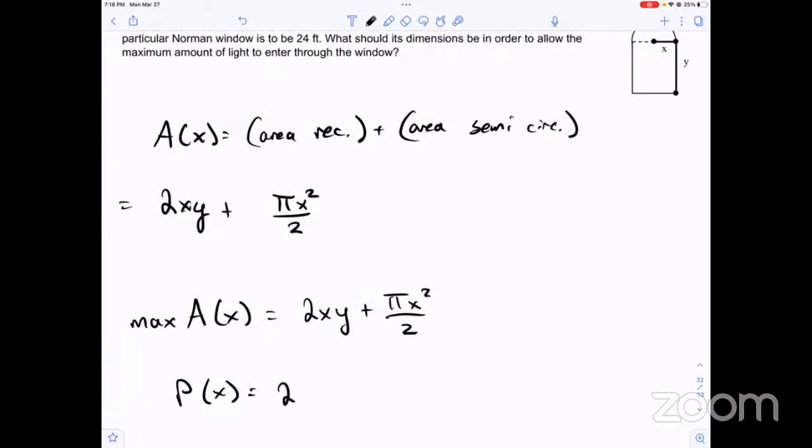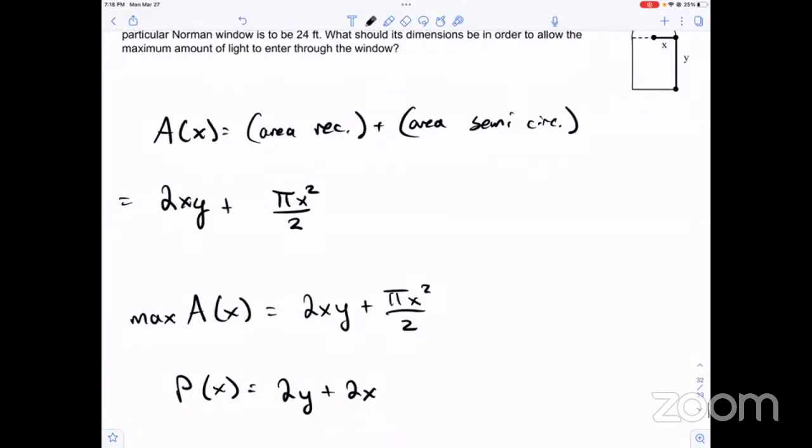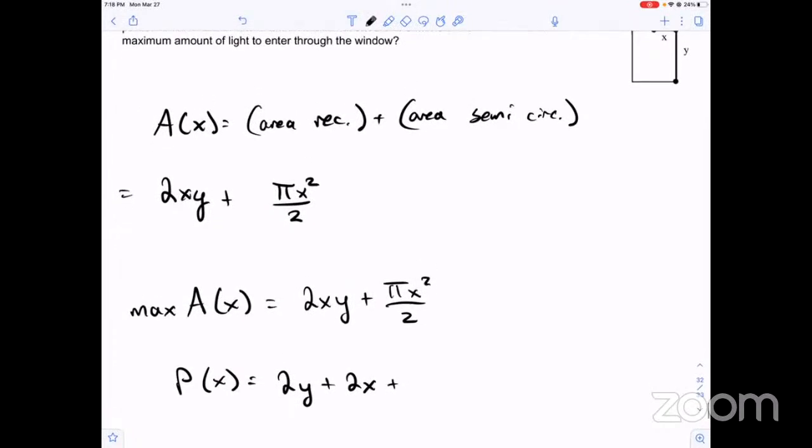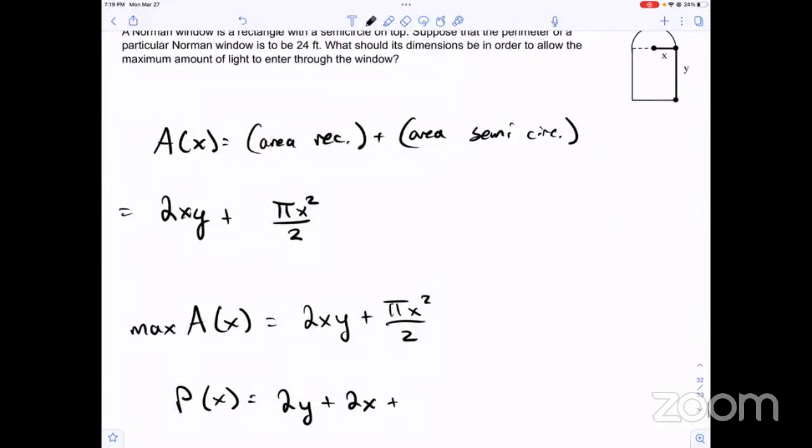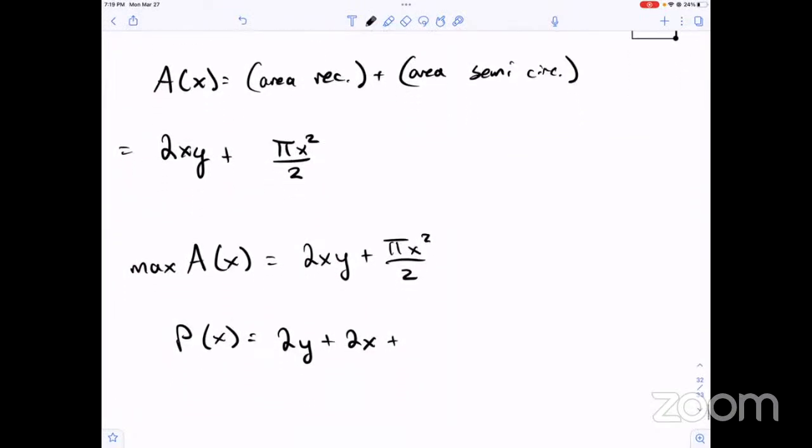Circumference of a circle is pi times diameter, so 2 pi X, but then we don't have the whole circle, so we've got to cut that in half. So then it's just going to be pi times X.